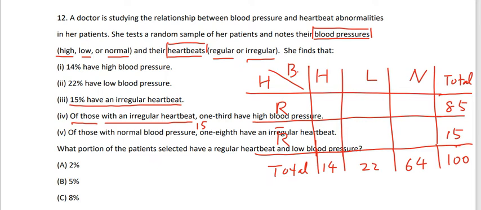So 1/3 of 15 is 5. For those normal people, the 64, one eighth have irregular heartbeat.